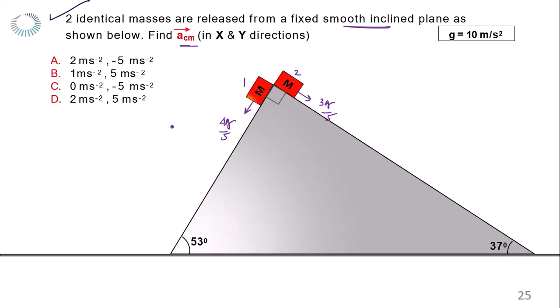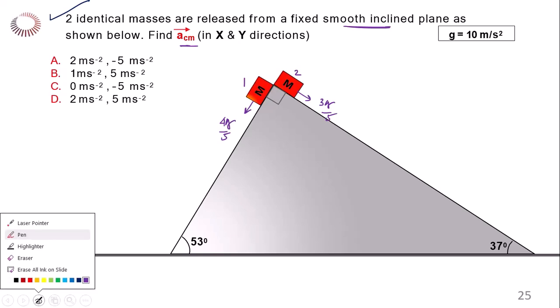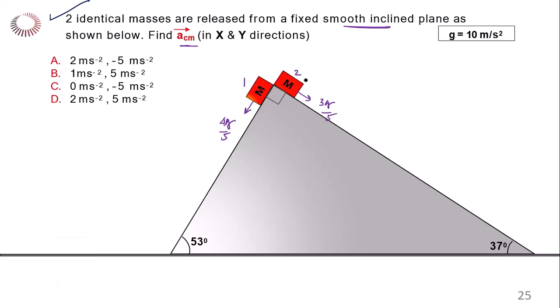But you are asked to calculate the acceleration of the center of mass. For that, you have to write in vector form. In the earlier question the motion was either upward or downward, but here the vectors are not aligned. Let us take these as the x-axis and these as the y-axis. So 3g by 5 has two components.